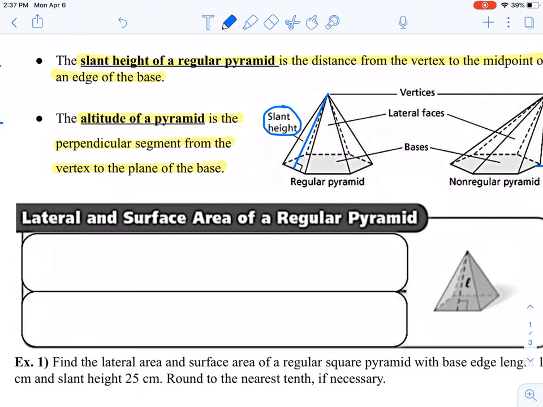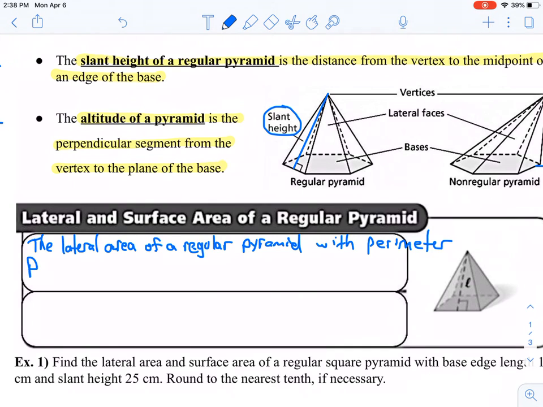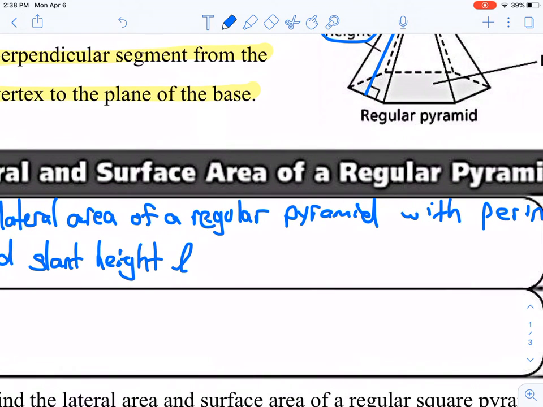So the lateral area of a regular pyramid with perimeter P and slant height, we'll call that cursive L, is, capital L for lateral area, equal to 1/2 of the perimeter times the slant height.